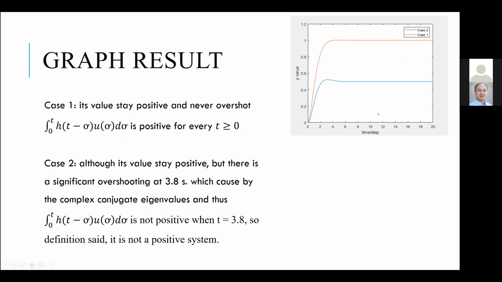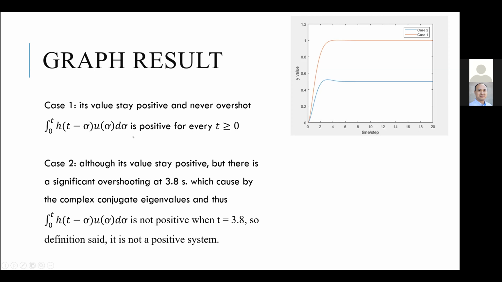However, in case 2, you have this oscillation, which is caused by the conjugate, something like 2 plus 3i. At this point, when you have an impulse input, you are going to get a negative y. So this is not a positive system by the definition we just gave above.